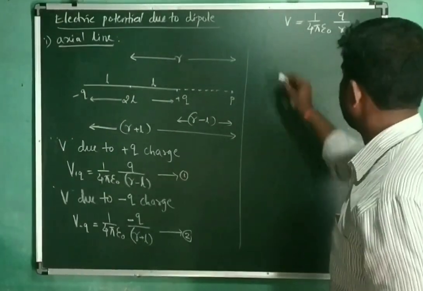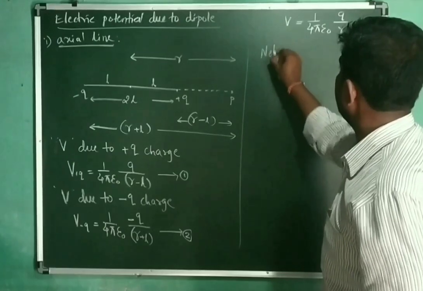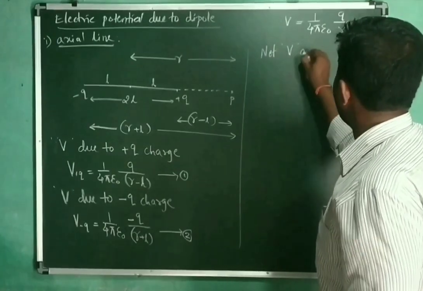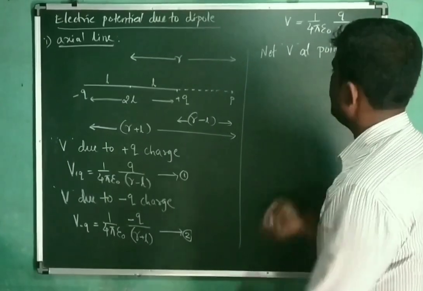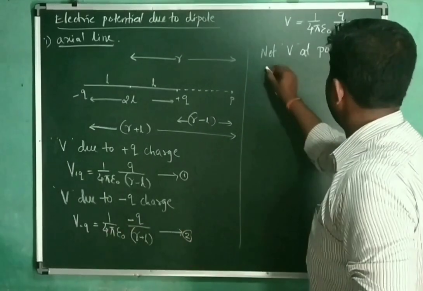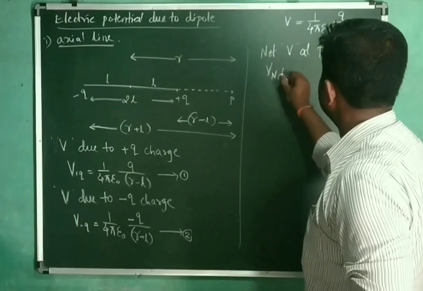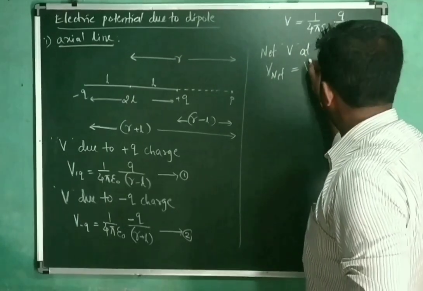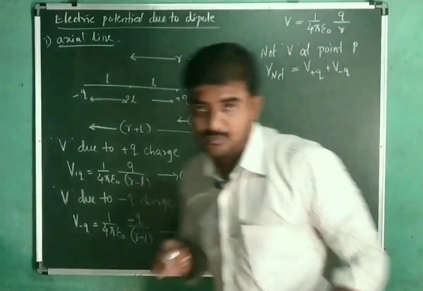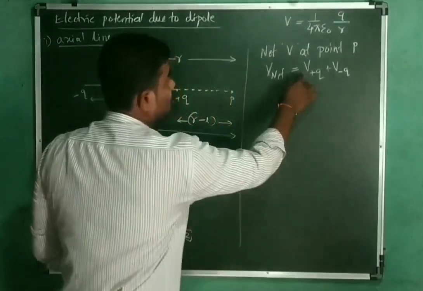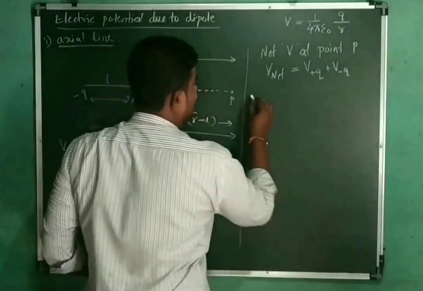And the total potential, net potential at point P, is V net is equal to V due to plus q plus V due to minus q.